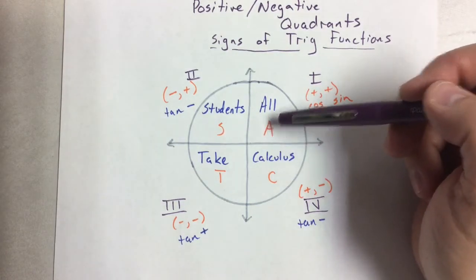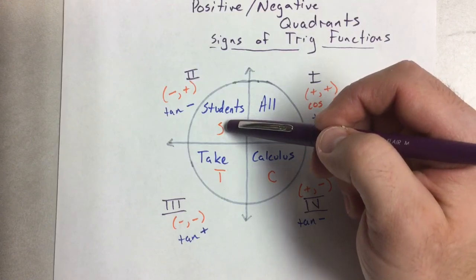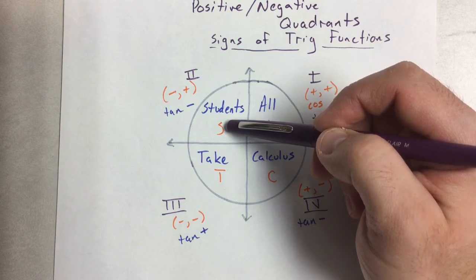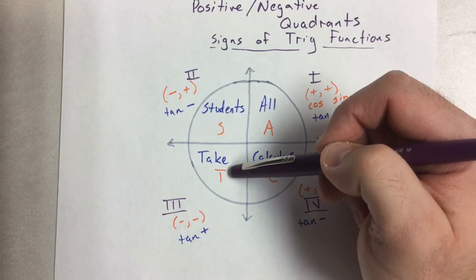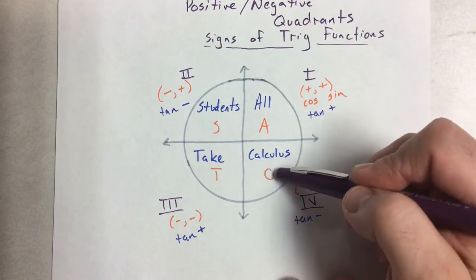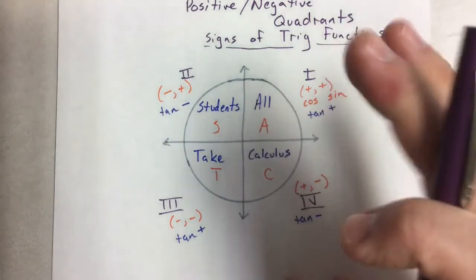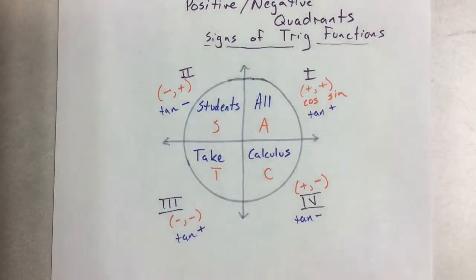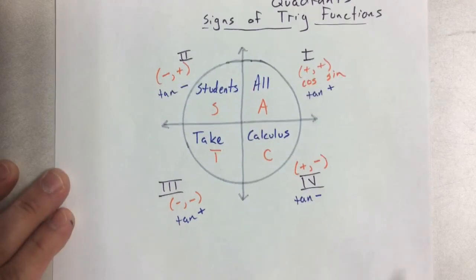In the second quadrant, only sine is positive, and also with that cosecant, its reciprocal. In the third quadrant, only tangent is positive, and with that cotangent. And then in the fourth quadrant, only cosine is positive. So a good way to know the signs of our ratios. So let's use this and answer some questions.